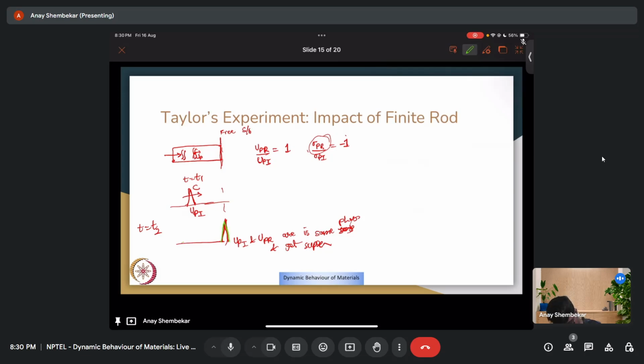My green is the reflected wave, whereas my red is the incident wave. This is a plot of particle velocity.